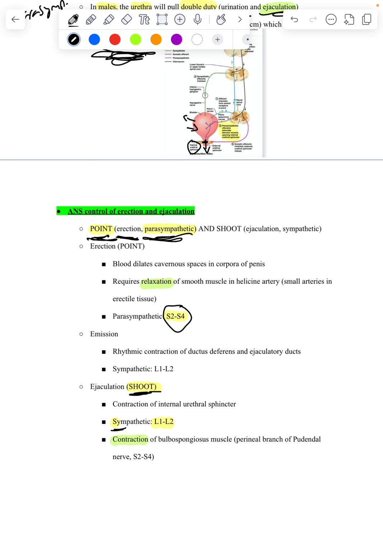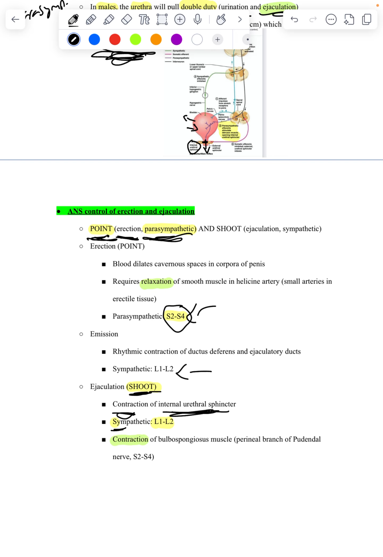But the shooting, when you contract it so that you can open it up and let the fluids out, is sympathetic. So that's the key difference. If we're talking about parasympathetic, we're talking about S2 to S4. If we're talking about sympathetic, it's going to be the lumbar nerves, L1 to L2.